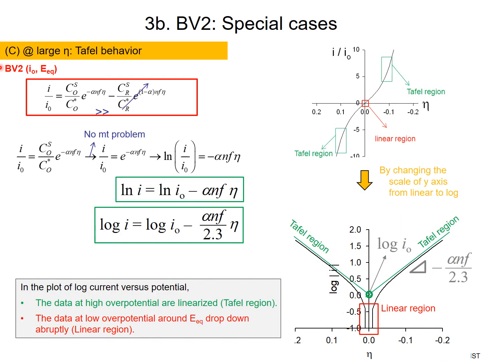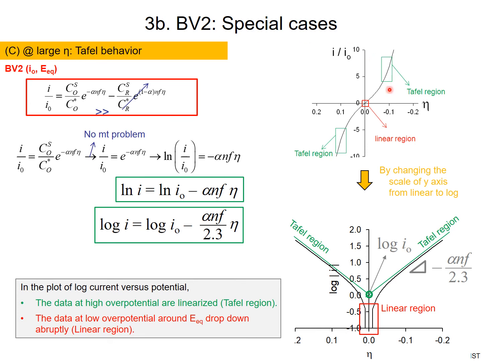Let's go to the third case, at large overpotential. In case B, I have said the current is just proportional to the potential in the small overpotential range. It is time to go to the large overpotential range.